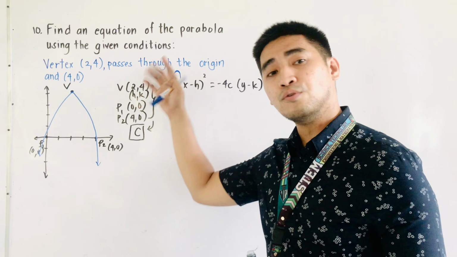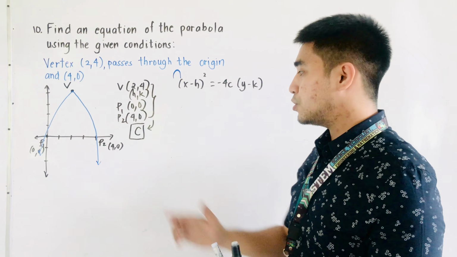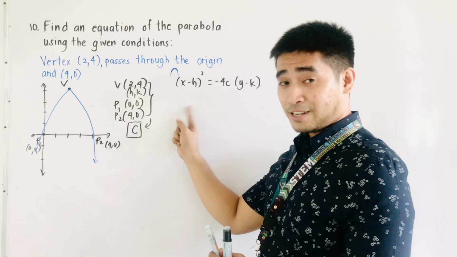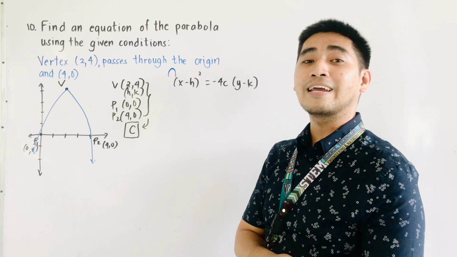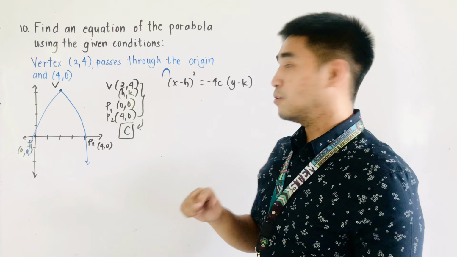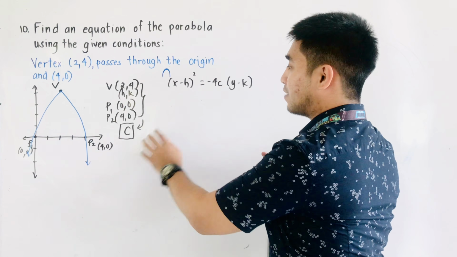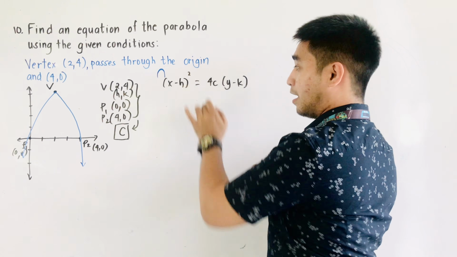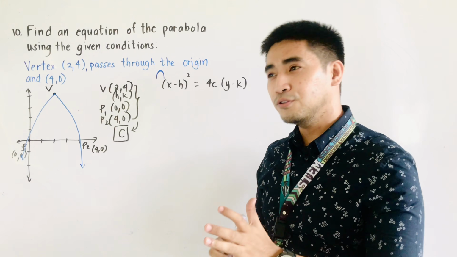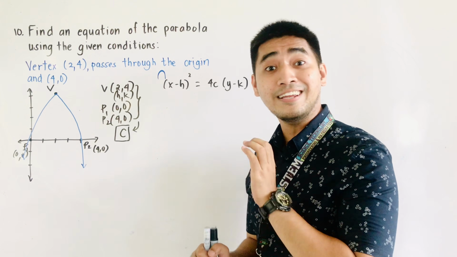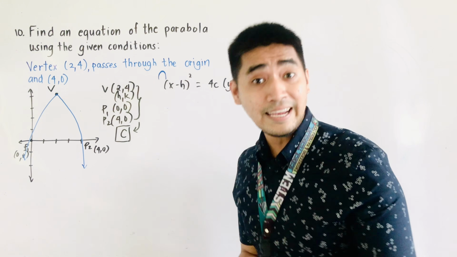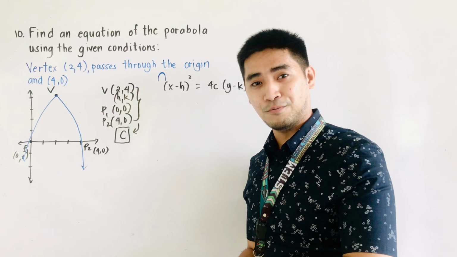We will substitute these values in the standard equation of the parabola opening downward. I will not use the negative sign so that I would know if our parabola is really opening downward. If the value of c is negative, therefore it opens downward.